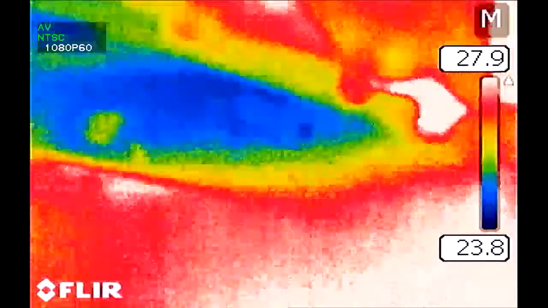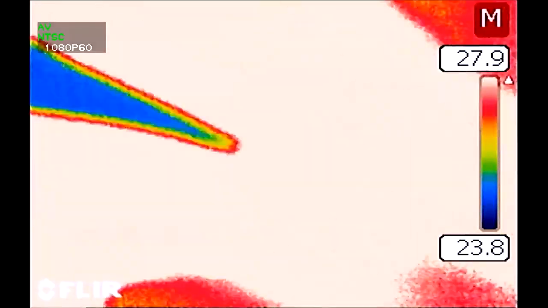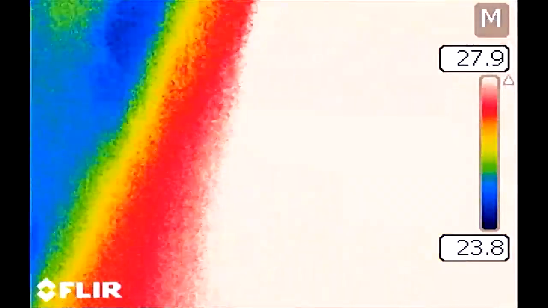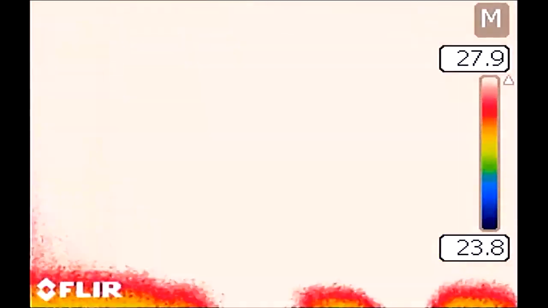Is that it? There you go. All right. Oh, it's still inverted. We could leave it like this. I think it's okay. Sorry, I don't know why it's doing this either. We can leave it. It's okay.